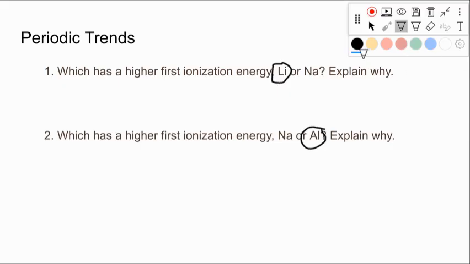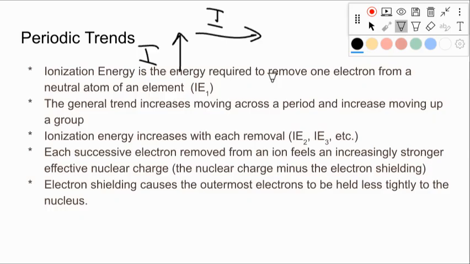You can also describe the trends. AP is almost never going to ask you about the why, but they will sometimes ask you to describe it in terms of Coulomb's law.